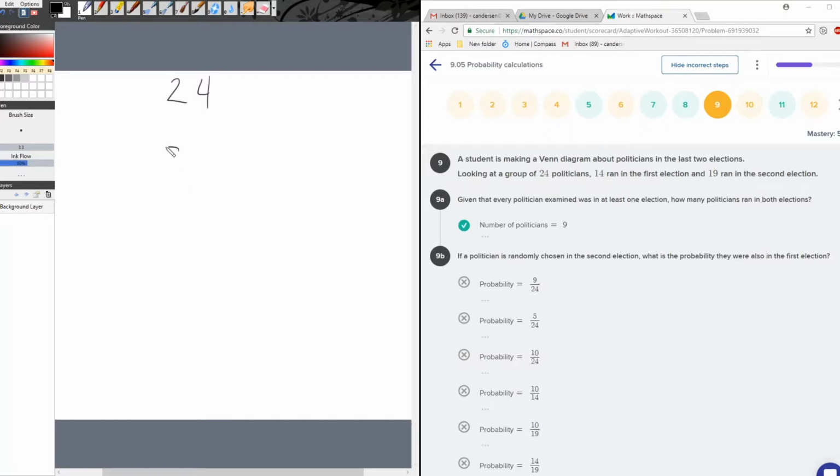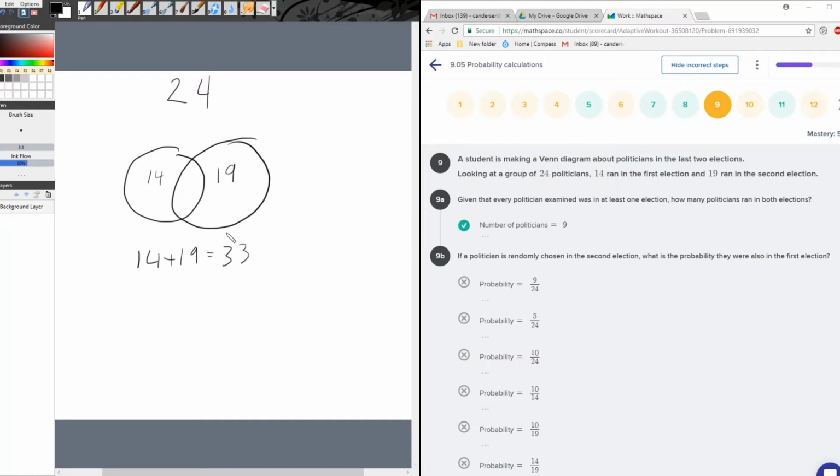So we have our 2 circles, and we have 14 and 19. Now immediately you should be able to see a flag, because 19 plus 14 is more than 24. So 14 plus 19 is equal to 33.